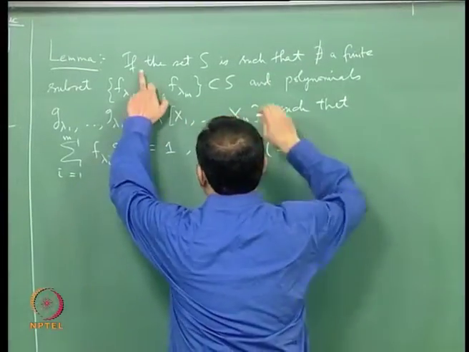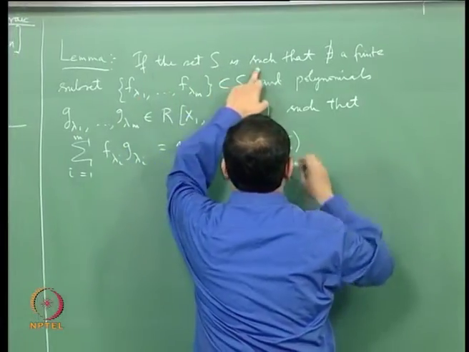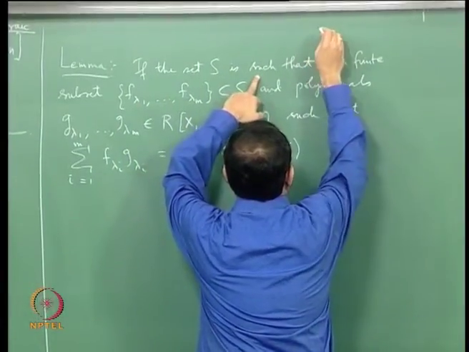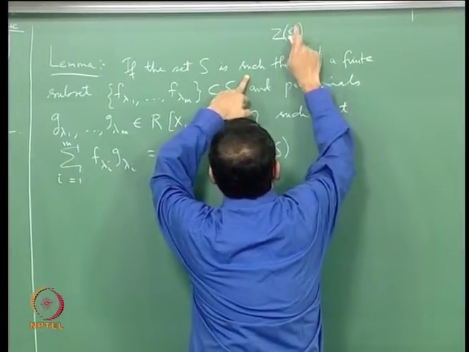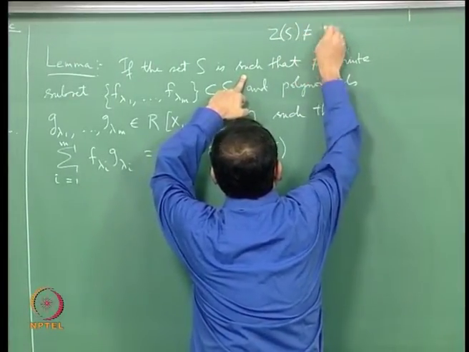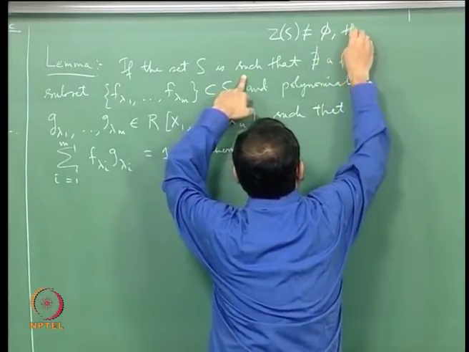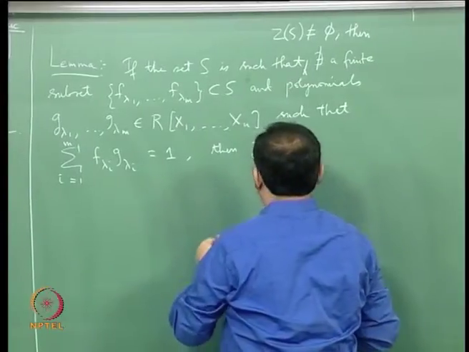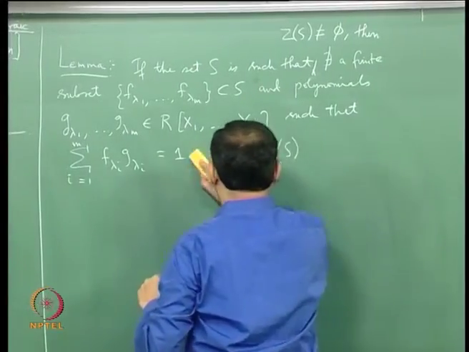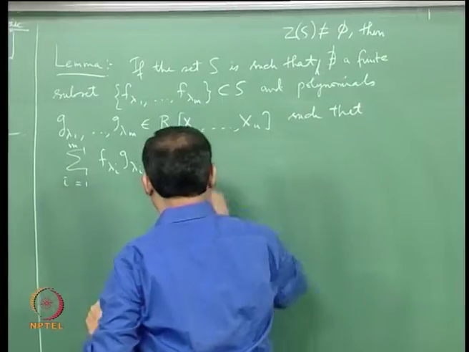If the set S is such that Z of S is non-empty, then there cannot exist a finite subset such that this is equal to 1. So this is the statement.